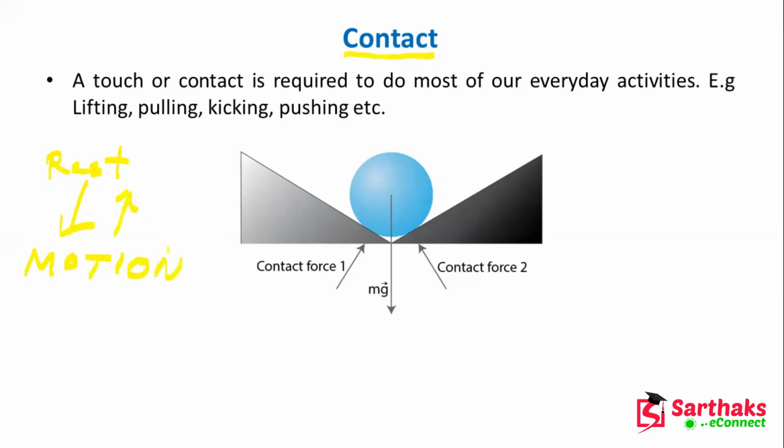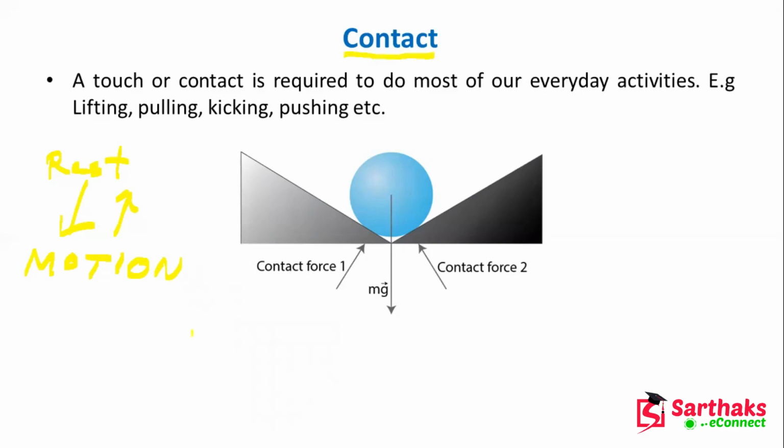Some object we have in motion, but we have to stop the movement of the object, like one ball moving in the field, and I want to stop the ball.